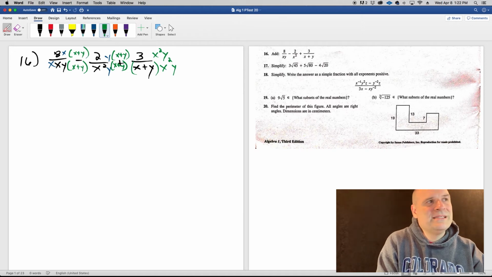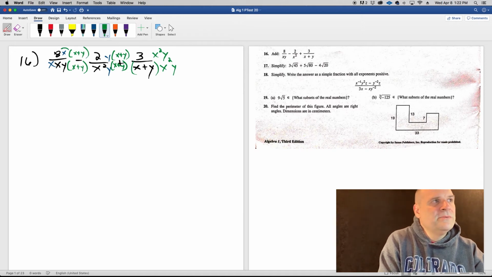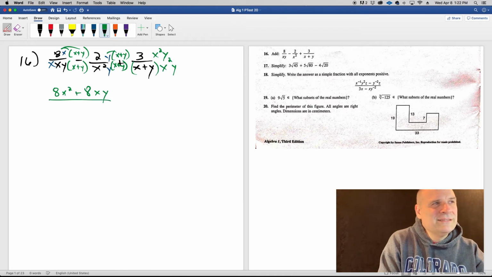All right, let's simplify the top here. So we're gonna distribute. That's 8x squared plus 8xy. Distribute that, but we're subtracting this whole thing. Okay, this is all over x squared y times x plus y.